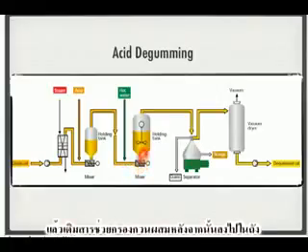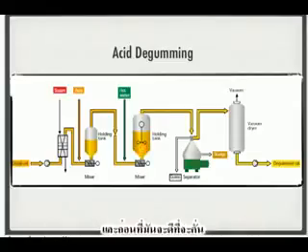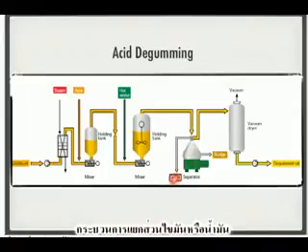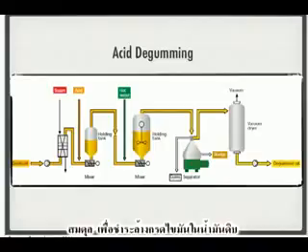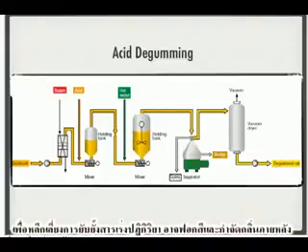Again, mix and go to the holding tank, and then it will go to the separator to separate the gum from the oil. And again, if necessary, the oil will be dried in the vacuum dryer, and finally we get the degummed oil, which is ready to go to the next step, which is the bleaching step.